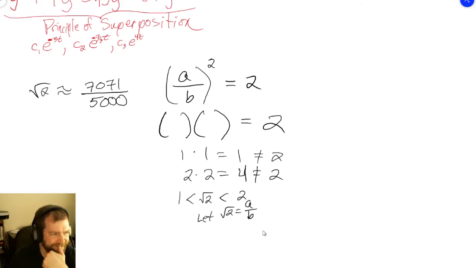So are you saying that? Let the square root of 2 be some sort of fraction? I mean, this only proves that it's not a whole number.